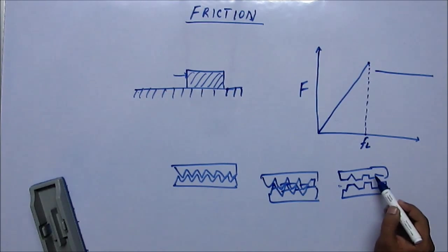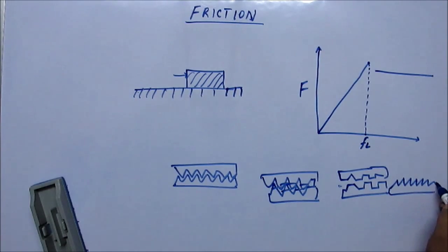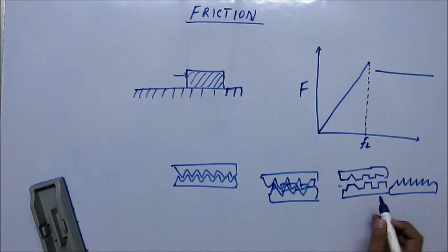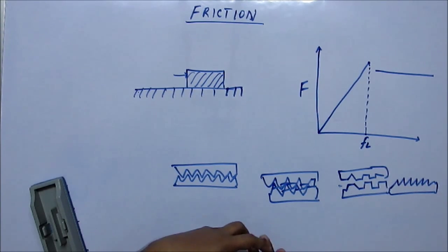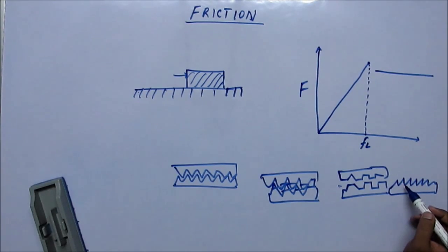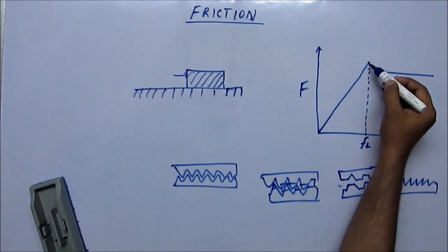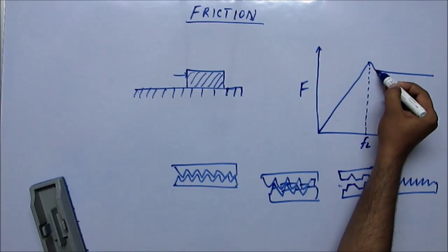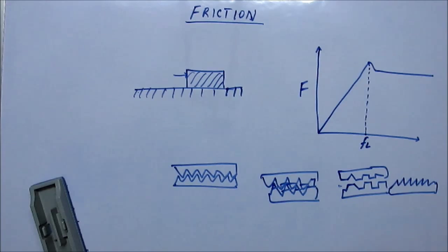The teeth of the upper surface will be more flat, and it will keep on getting the peaks on the way on the lower surface, but the teeth of the upper surface have become more flat. So the interlockings that were strong previously would not be as strong now. So the value of friction will decrease when the body starts moving. So there will be some amount of decrease in the friction force, and after some decrement, it would remain constant throughout the journey. Okay?